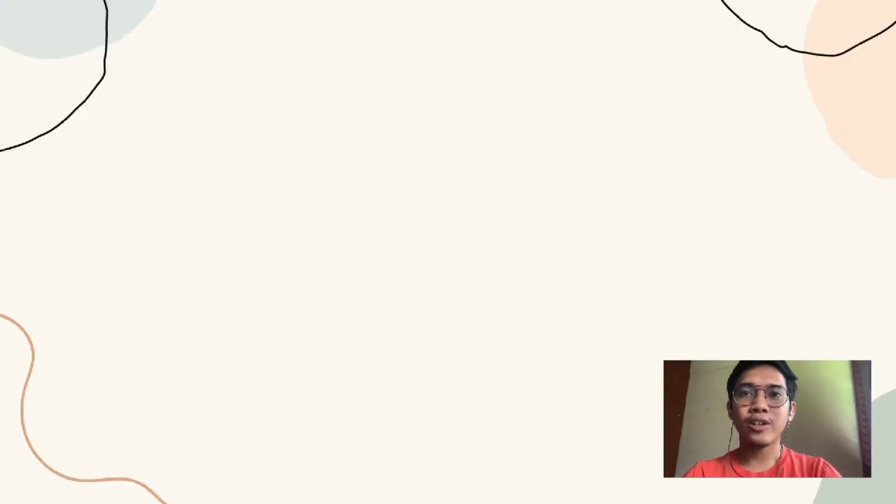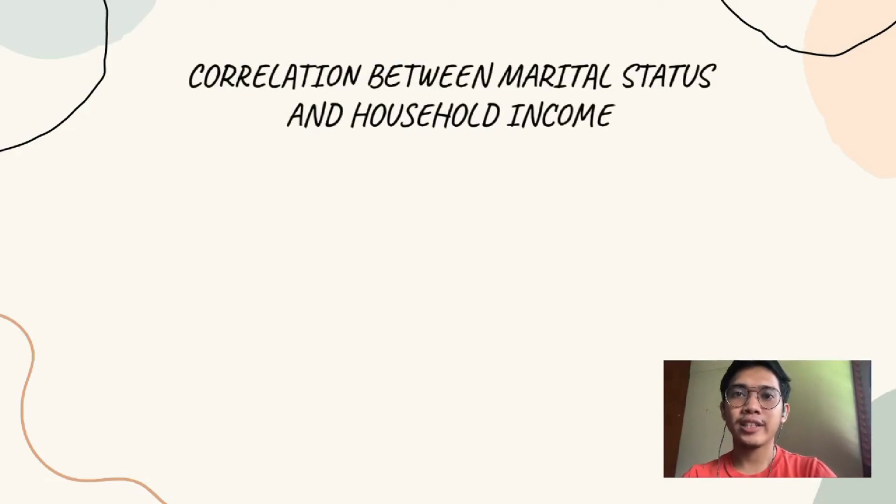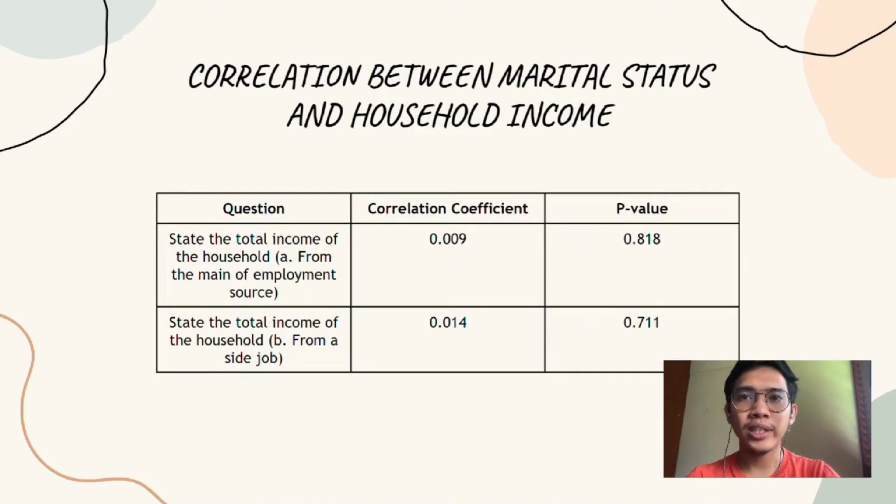Finally, the correlation between marital status and household income. For question 1, p-value 0.818 is more than 0.05, indicating there is no significant difference between marital status and head of household income from main employment. Correlation value 0.009 means there was weak positive interaction.